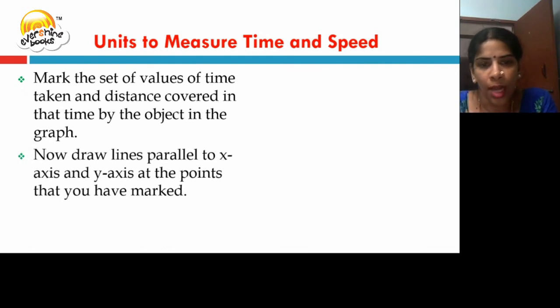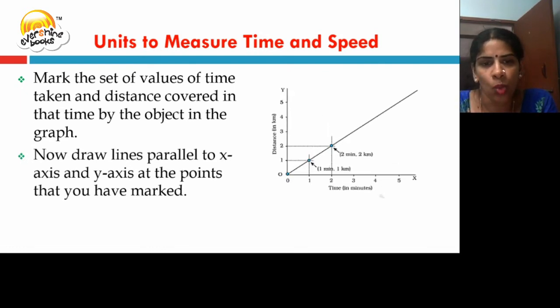Now, draw lines parallel to x-axis and y-axis at the points that you have marked. So, as discussed earlier, we are taking distance in kilometers in y-axis and time in minutes in x-axis. 1 minute is equal to 1 kilometer and 2 minutes is equal to 2 kilometers. And we are drawing the lines parallel to x-axis and y-axis.